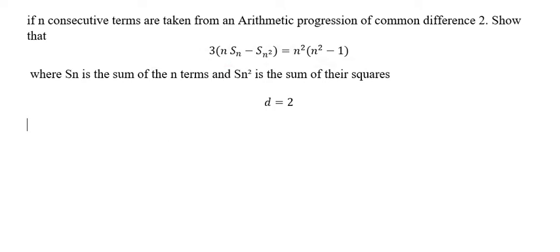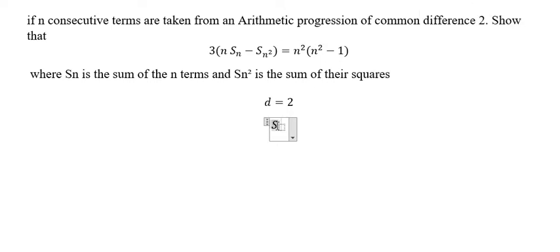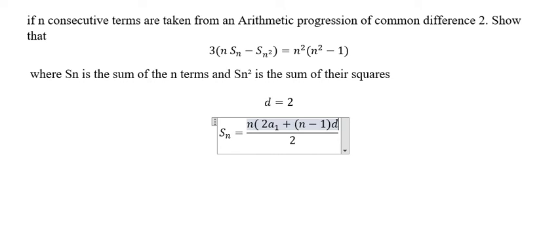For this, we apply the formula of arithmetic progressions, which is Sn equals n over 2 multiplied by 2a1, where a1 is the first term, plus (n minus 1)d. So we know that d equals 2.